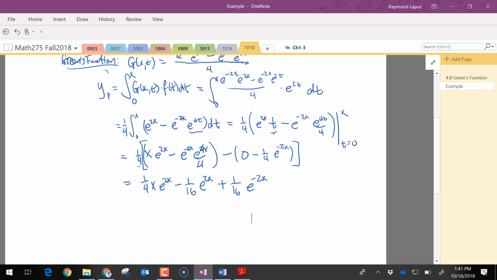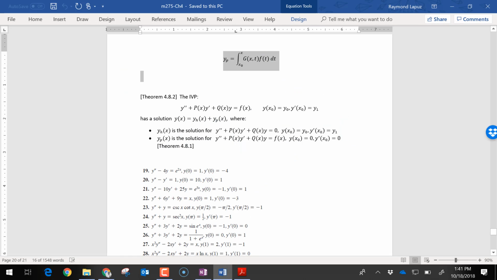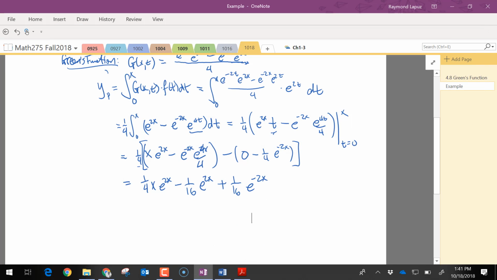Well, the thing about that is that I thought this was already the whole thing. Let's see what the theorem says. Oh yeah, so maybe we have to solve for y sub h. Maybe we should have done that in the beginning.